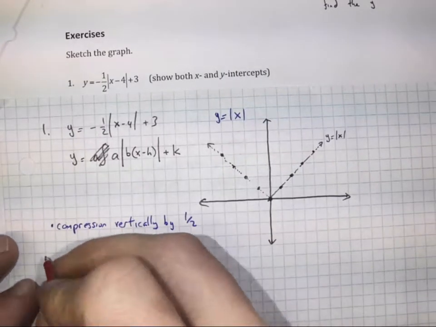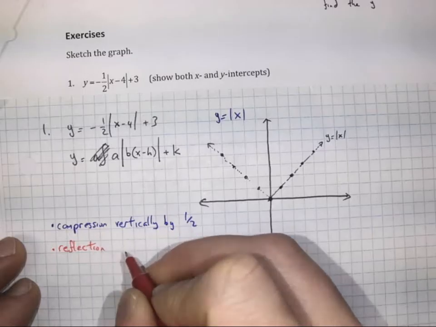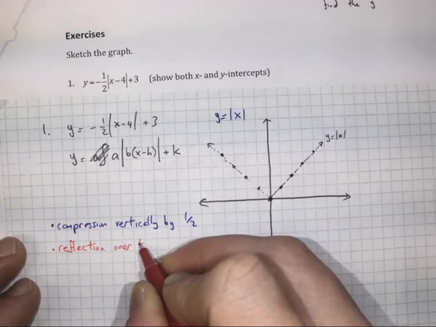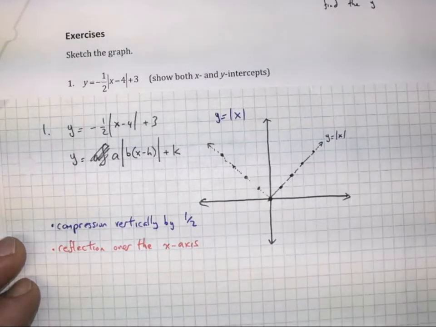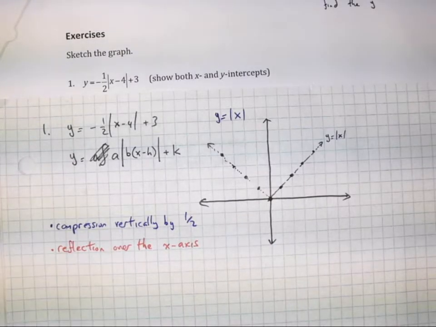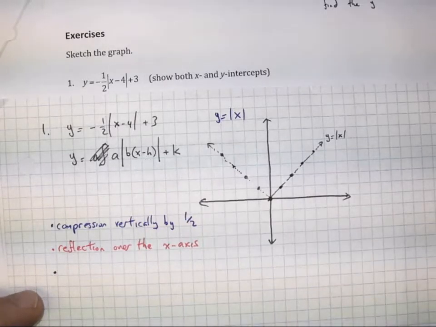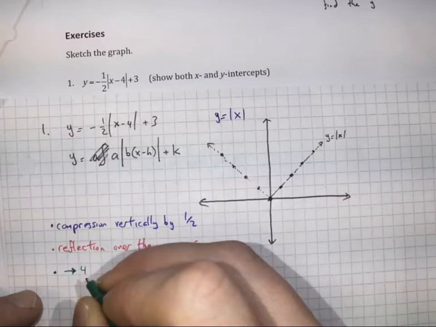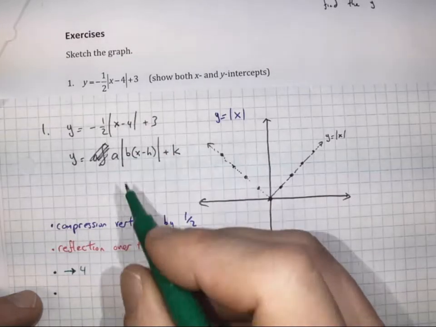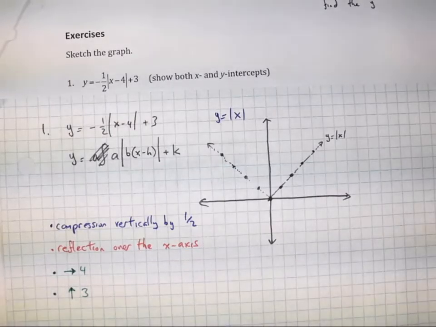I'll use a different color here, so then I've got reflection over the x-axis. I hope it shows up on this video. I'm going to try and use green here for this other, so we also have these translations. So we're shifting to the right 4, and we're going to shift up 3.